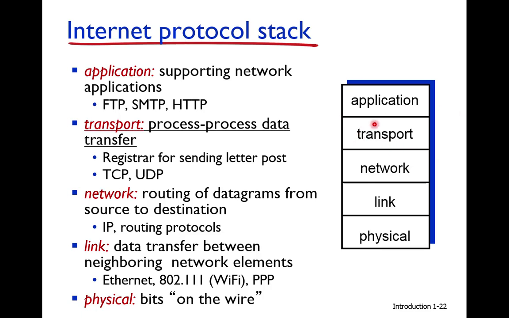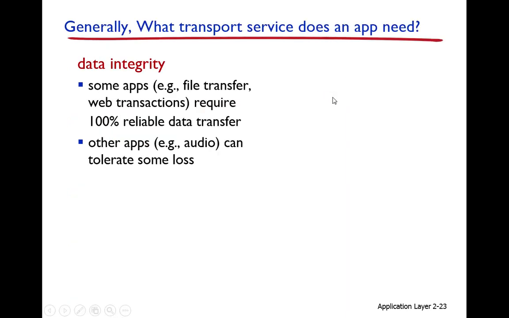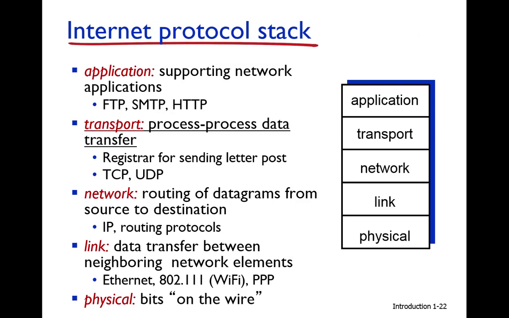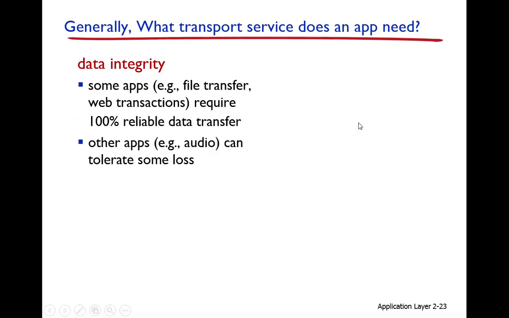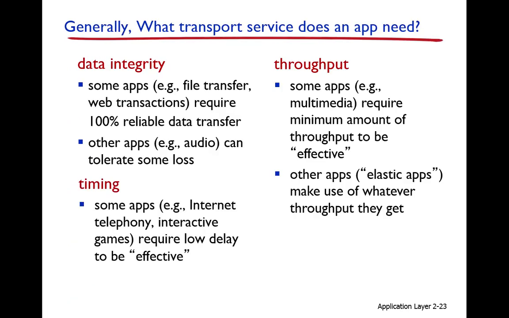When you move data from one application to another, what kind of transport layer functionality and services are available? Let's discuss it. The transport layer basically moves data from process to process, from application to application. First of all, when two applications send data to each other, they may need 4 kinds of services.